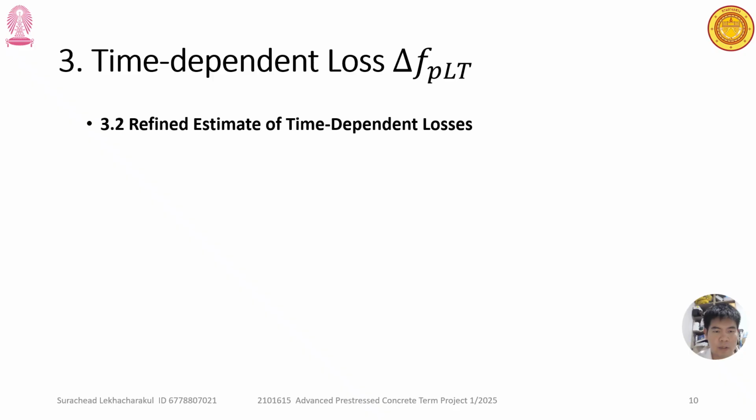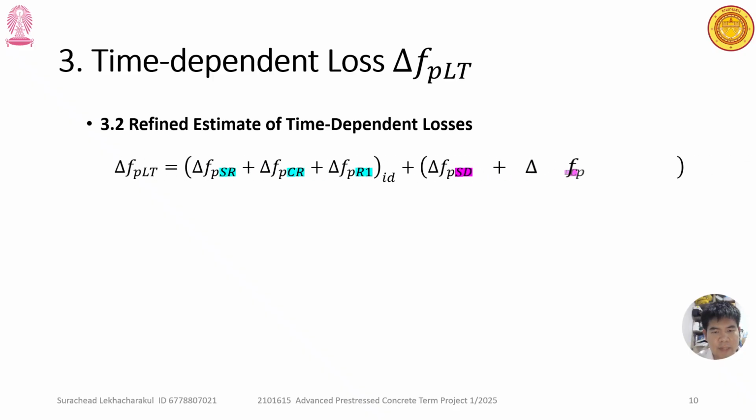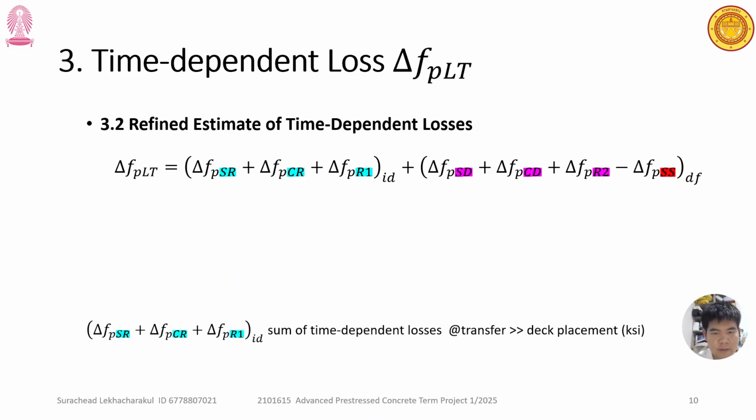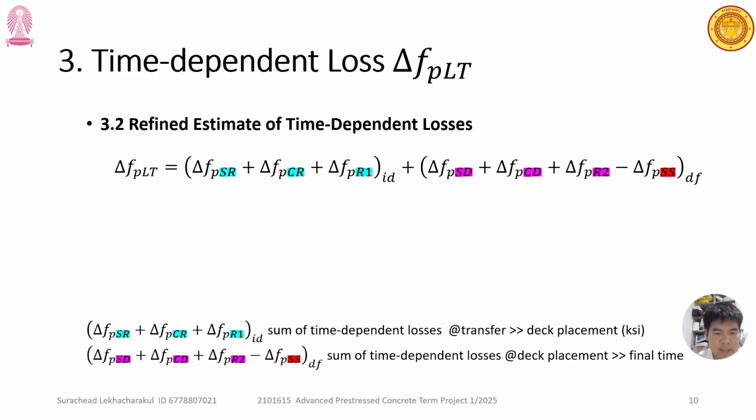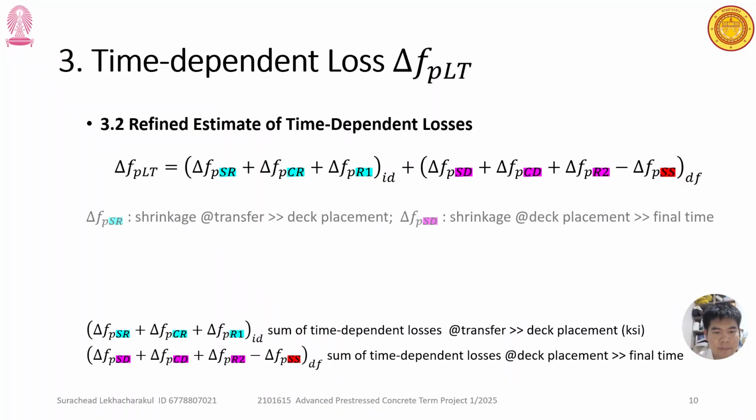Okay, go to the refined estimate of the time-dependent loss. You will see two terms in the parentheses. The first term is the sum of the time-dependent losses from time of transfer to deck placement, and the second parenthesis is the sum of the time-dependent losses from deck placement to the final time. You see them in blue, purple, and red.